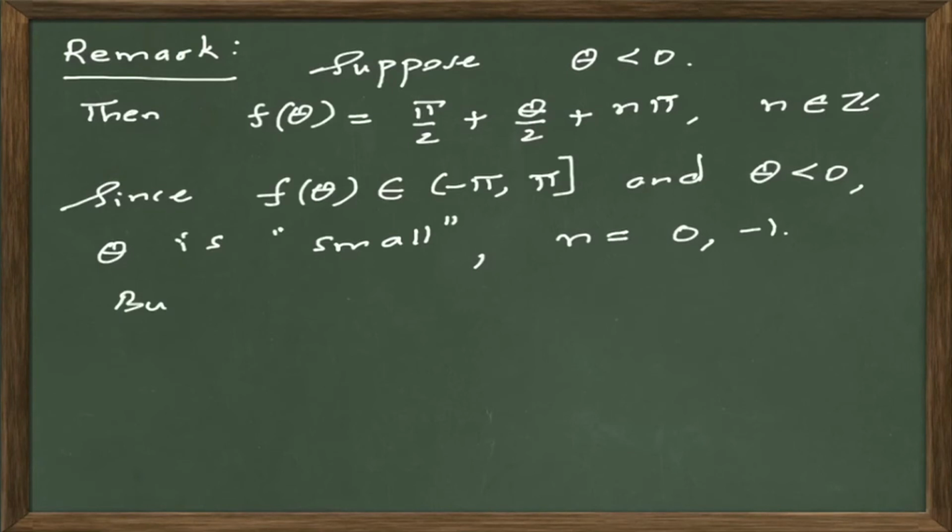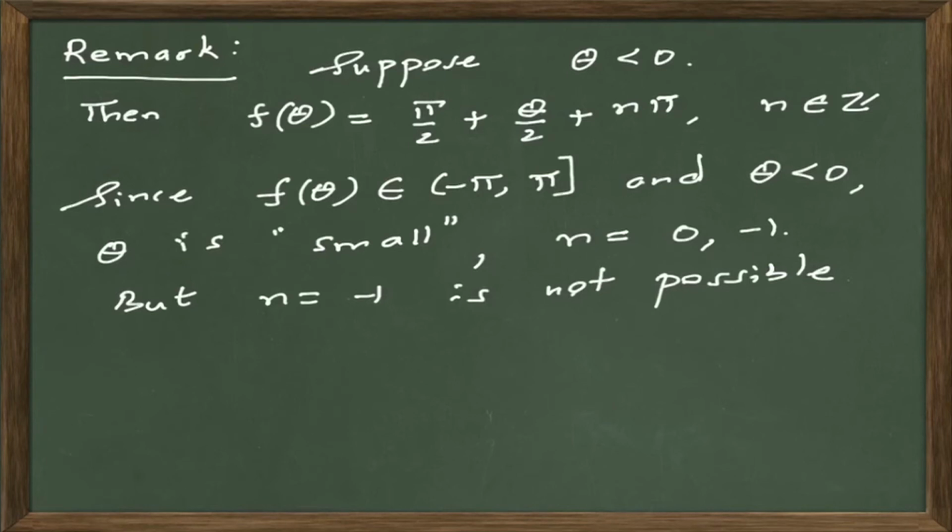But n equal to -1 is not possible in this case. Why? Because if n is equal to -1, then f of theta will be minus pi by 2 plus theta by 2, where theta is negative.